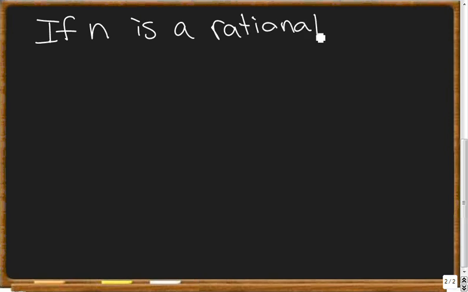Okay, so we're going to talk about the basic rules for integration. The most basic rule says that if n is a rational number, so if it can be expressed as the quotient of two numbers, so anything relatively normal, and n does not equal -1.